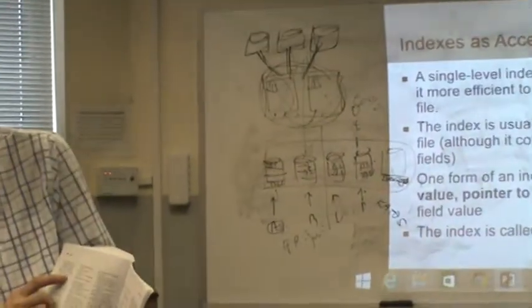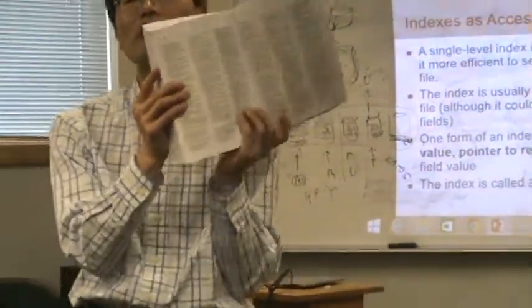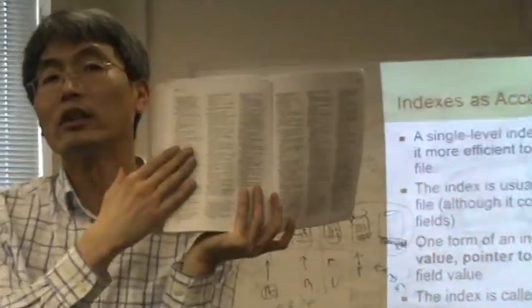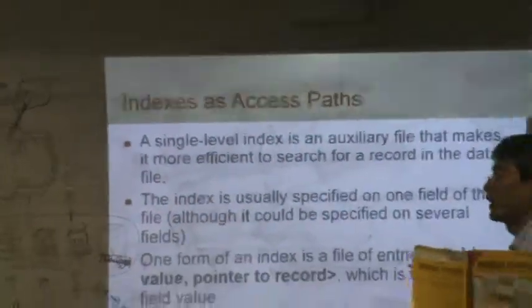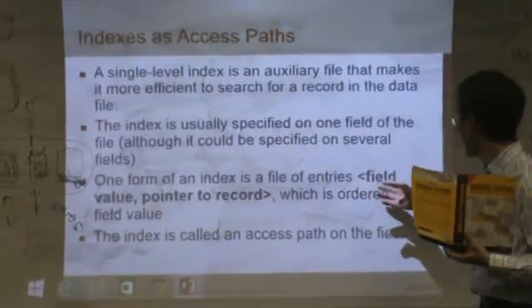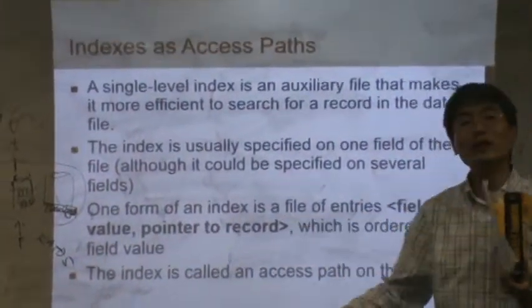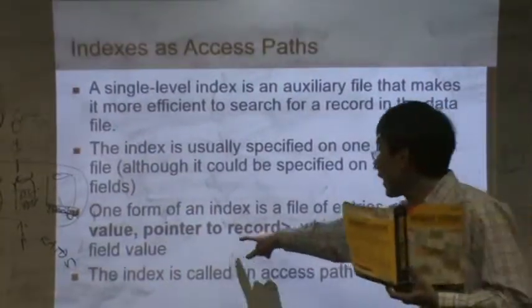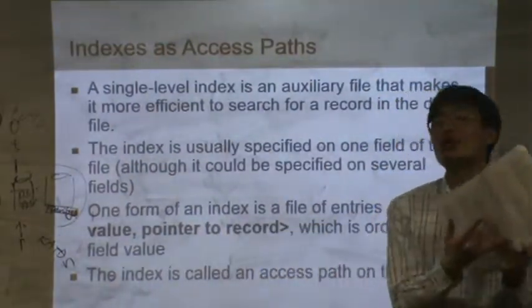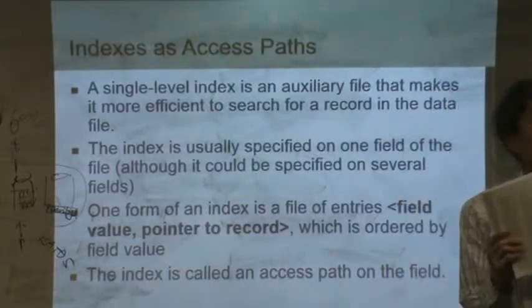Page number, 94. So any information in your index structure has keyword, comma, page number. That is called the index entry. Field value means the indexed value, comma, pointer, address, page number. So exactly the same structure as an index.